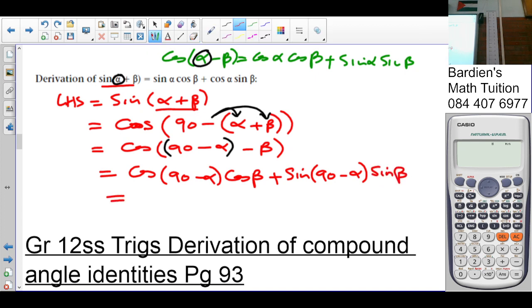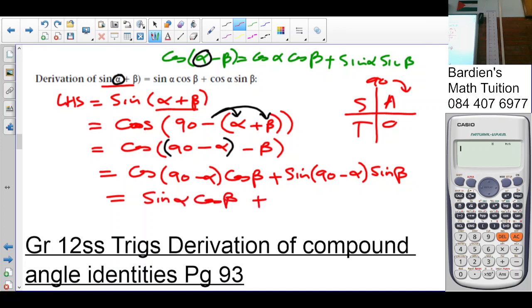So again, 90 minus, that takes us to the quadrants, as All Stations To Claremont. 90 minus is in the first quadrant. So cos will change to sine there, so it's sine alpha, cos beta, plus, 90 minus is in the first quadrant, all is positive, but sine changes to cos, that's your co-function, or co-ratio, which is sine beta. And as you can see, you've got sine alpha cos beta plus cos alpha sine beta. Alright, which is equal to the right hand side.